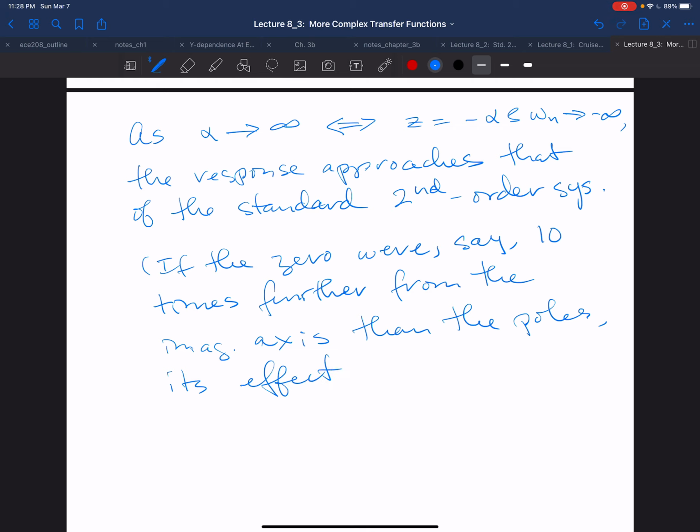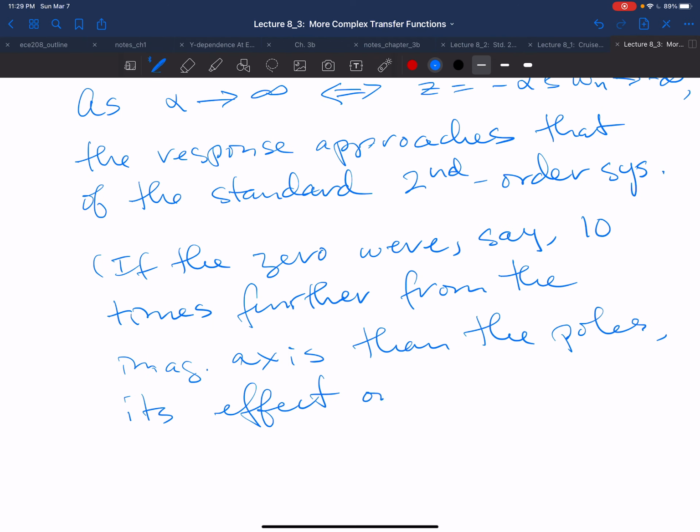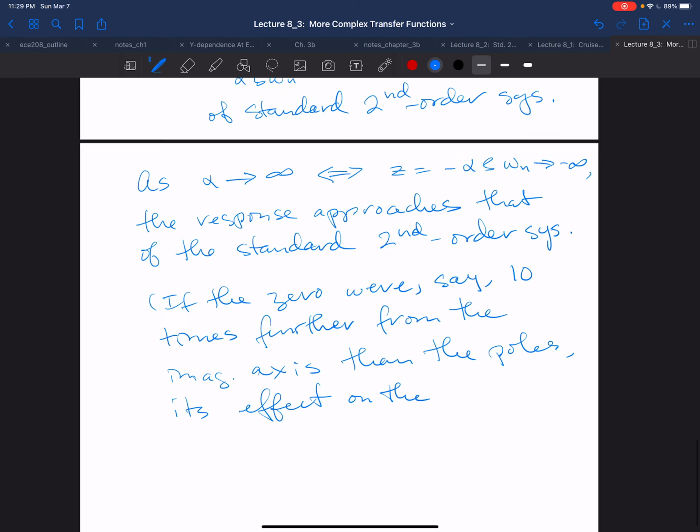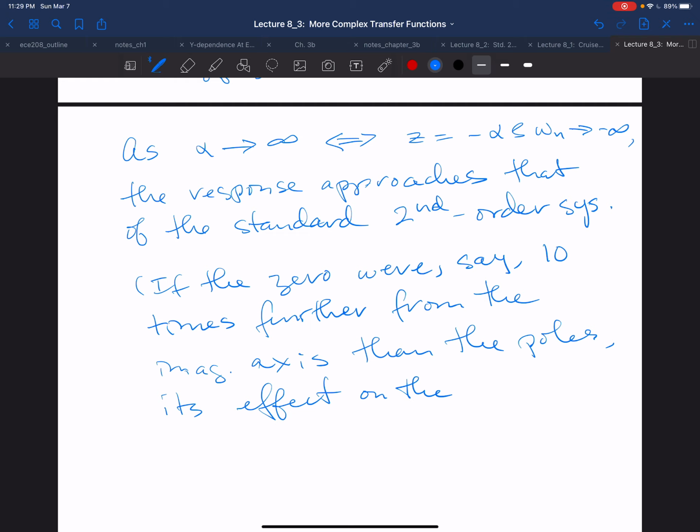You still have to take account of it when you're doing things like finding, say, the final value of the response. Well, in this case, the final value is again going to be 1, but there are times when you'll still have to take account of the 0. Its effect on the transient response can be ignored, and it won't have any effect on the steady state response.